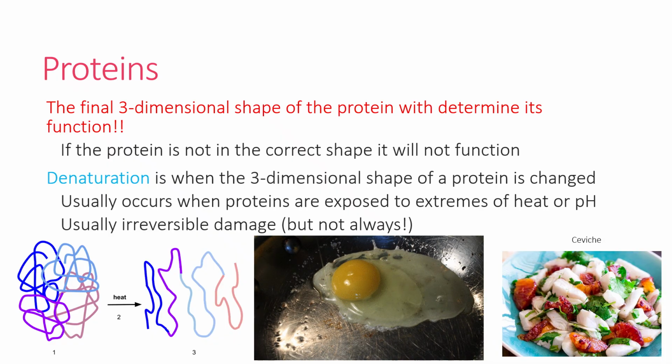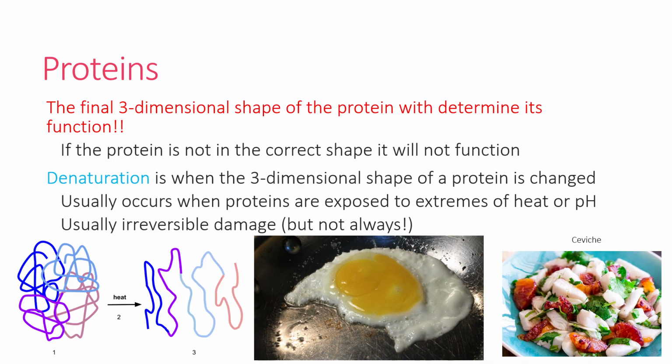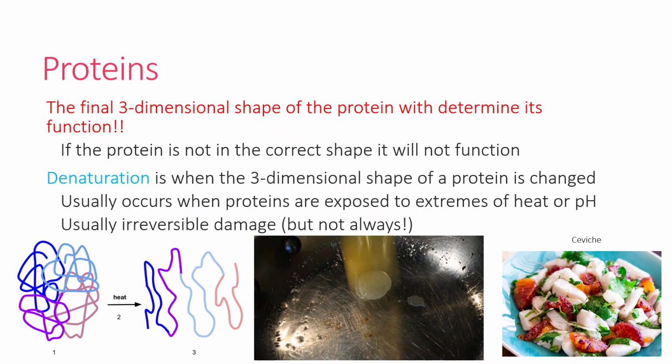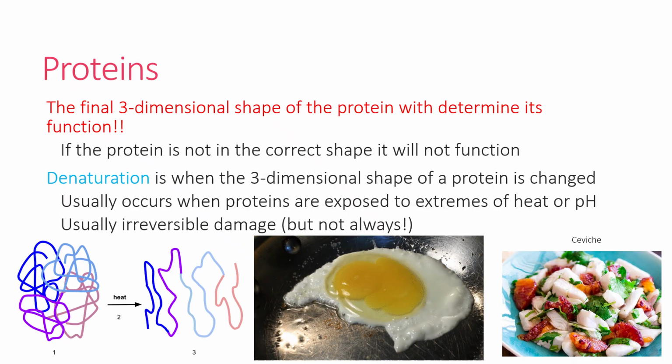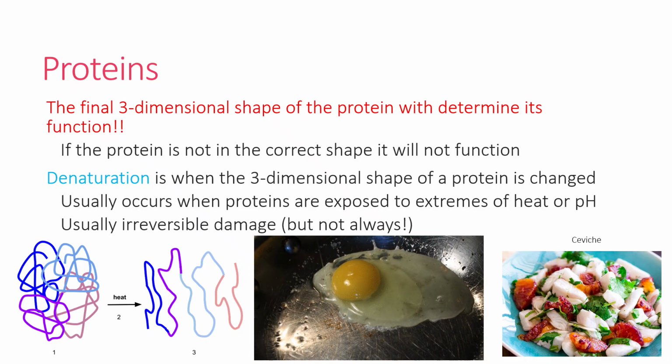If this was an enzyme that was going to help us make ATP, all of a sudden we can't make ATP anymore because this protein lost its shape and can no longer catalyze the reaction that we need it to.